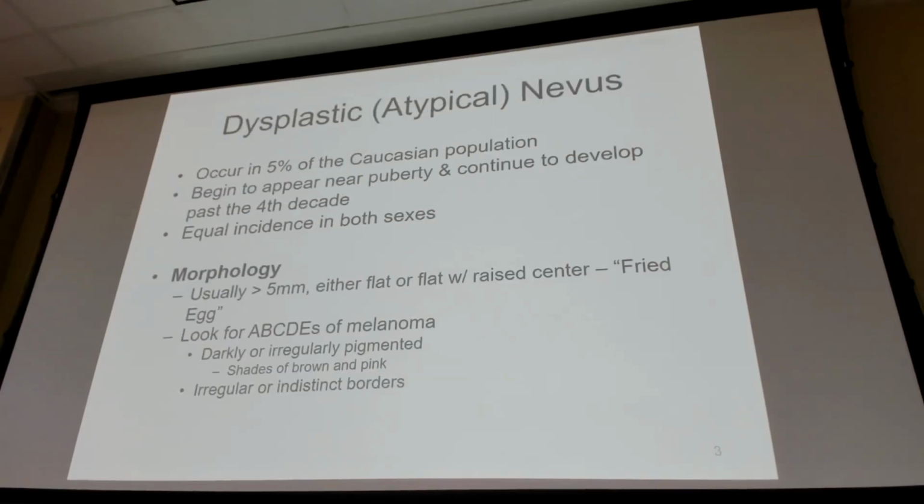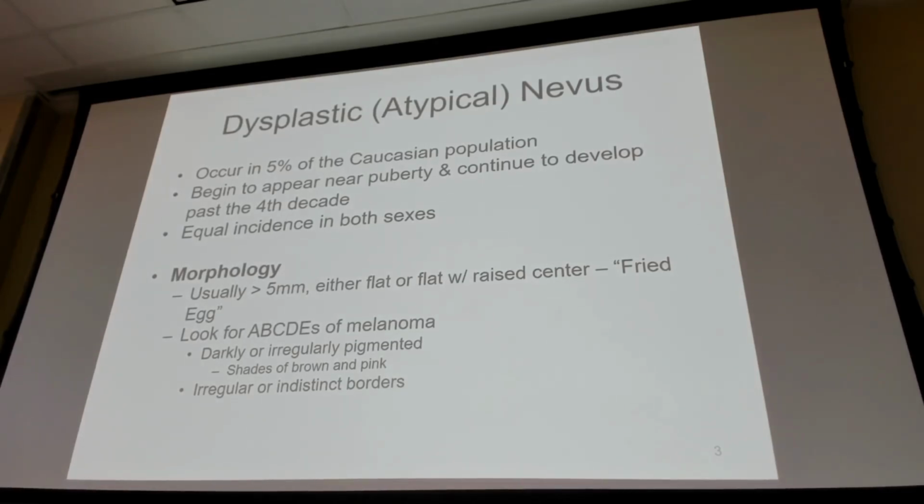All right, so first let's talk about the dysplastic, aka atypical nevus, right? So we know that this is one of those things that can occur in 5% of the Caucasian population, okay? It starts off in puberty, right? So you can have the parents bringing that child in to take a look at it, right?